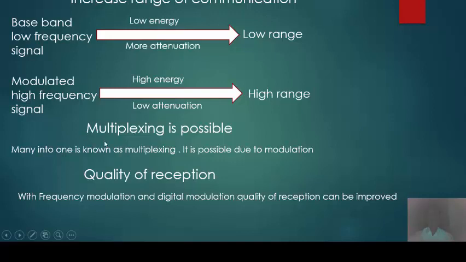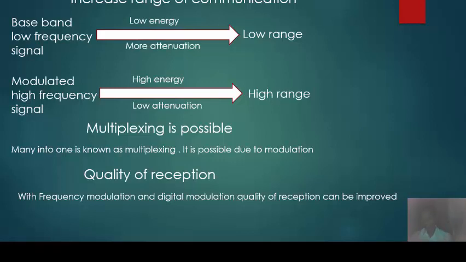Now another advantage is that multiplexing is possible. Multiplexing means many into one, meaning through one cable or one wire a number of signals can be transmitted, and it is possible only with the help of modulation. We can send different frequencies, such as 100 kilohertz, 200 kilohertz, 300 kilohertz, 400 kilohertz.